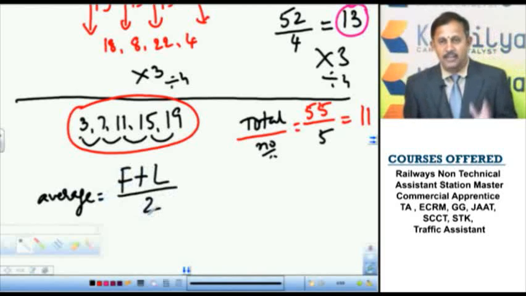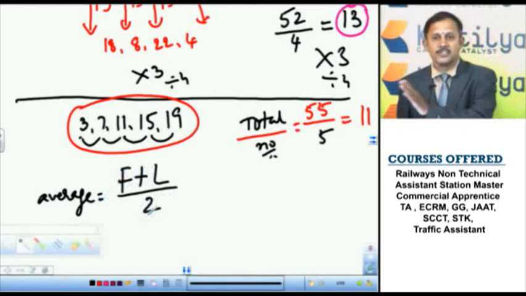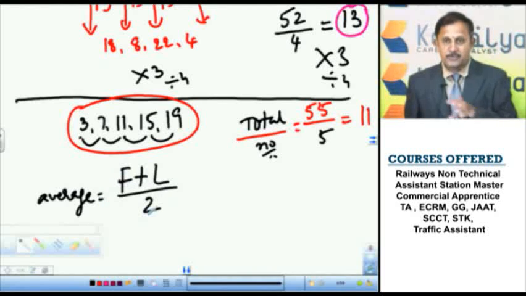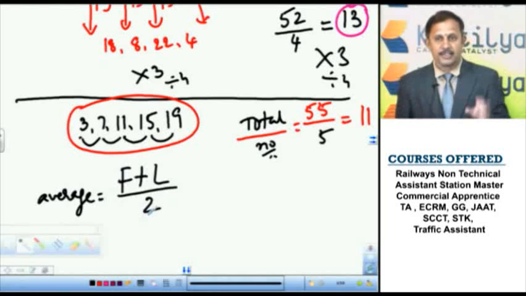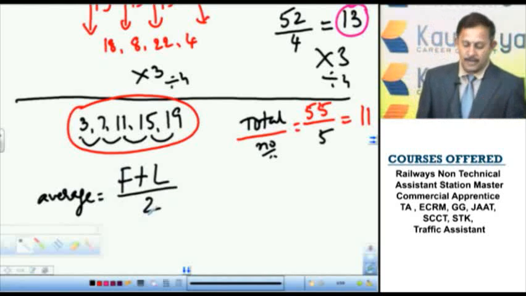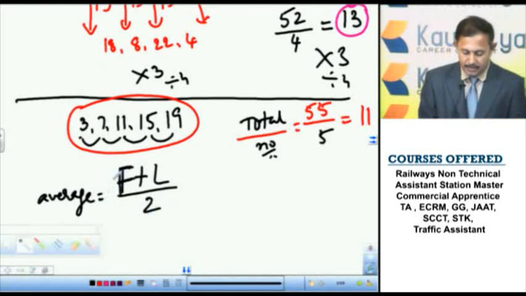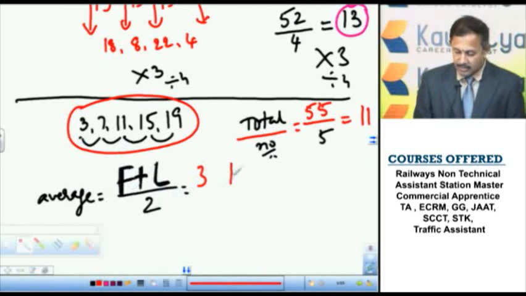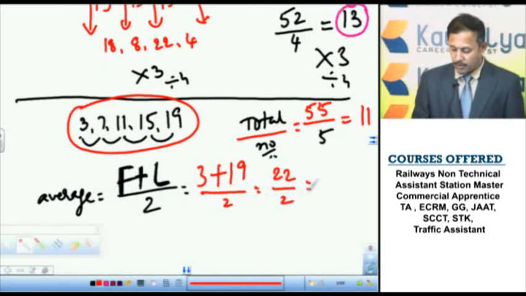I repeat, if the difference between successive elements is constant, then their average can be given by the formula first element plus last element by 2. Here the first element is 3, the last element is 19. First element plus last element, 22, by 2. So therefore 11 is the average. So both are one and the same.